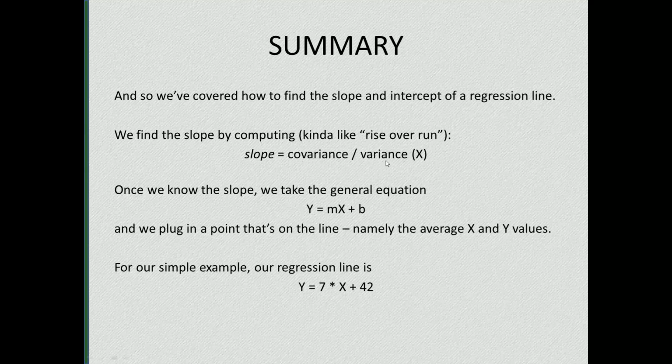Slope is rise over run, covariance divided by variance of the x's. Once we know that, we plug into the regression line, and the point we plug in is the average x and y value to get the intercept. And here, for our example, is the regression line. In the next video, we'll look at how to compute the correlation.